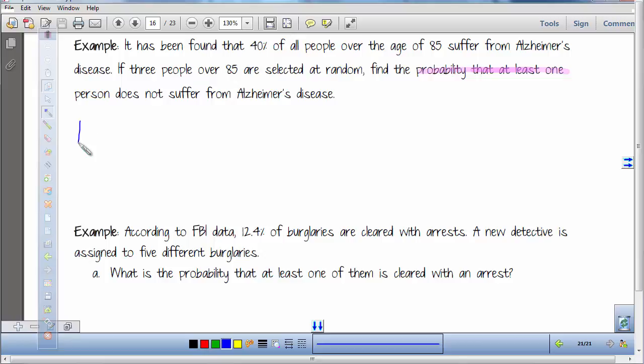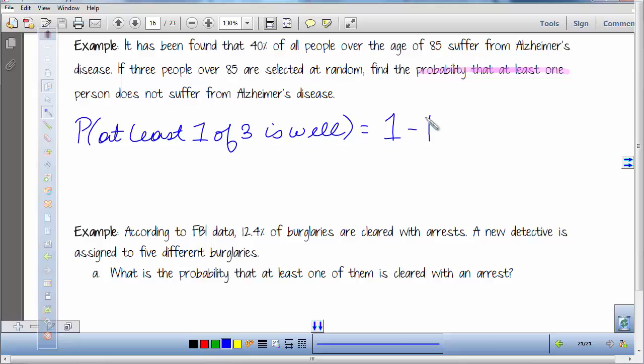So we're talking about the probability at least one of 3 does not suffer, so I'm going to say is well. All right? And so the complement of that is that 0 of 3 is well.